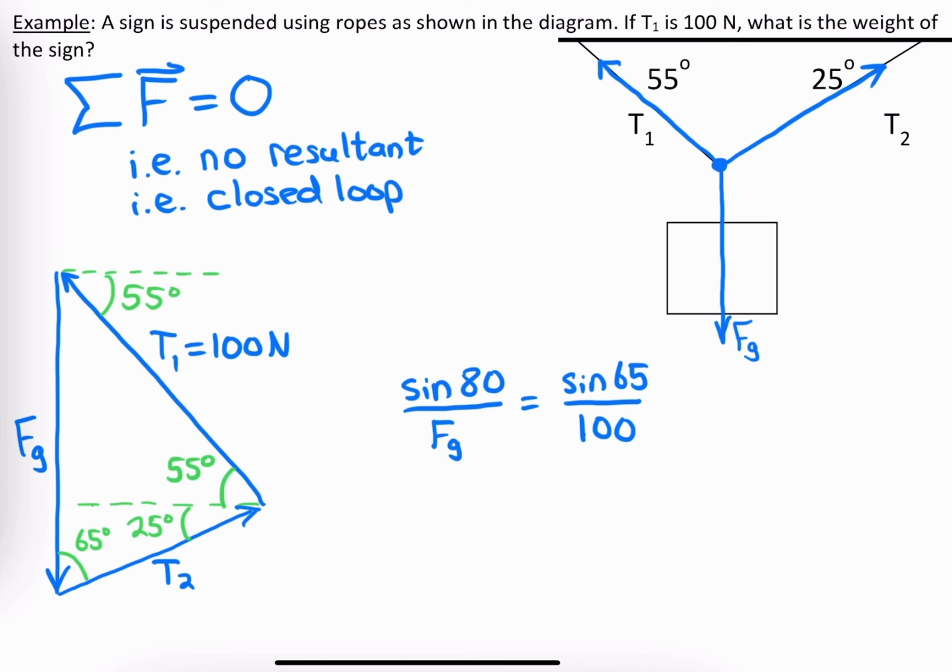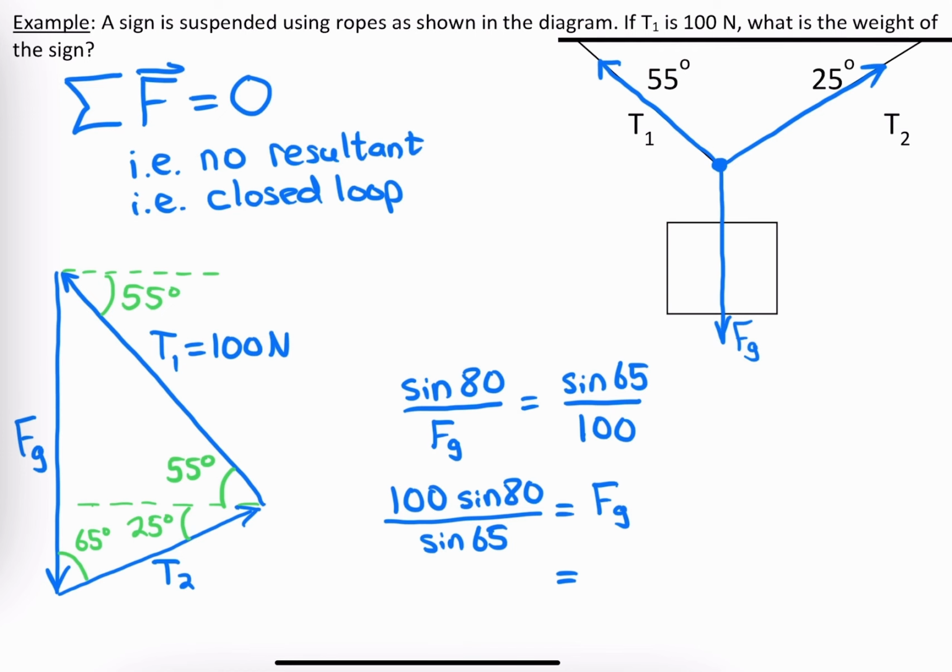Okay, so if I rearrange this and solve for FG, I get 100 times sine of 80 over sine of 65 equals FG.